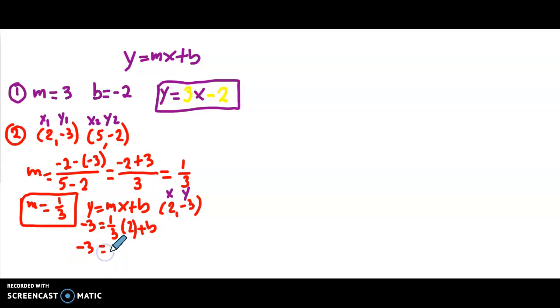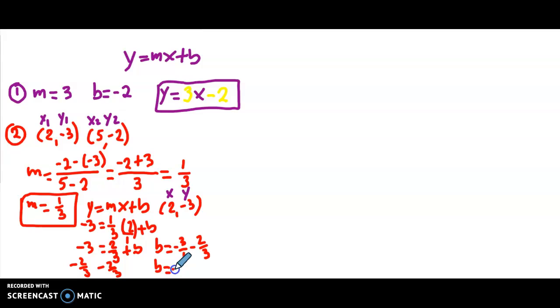-3 equals 1/3 times 2, you multiply across. That is 2/3 plus b. You subtract 2/3 from both sides. So your b is, if you put like terms together, -3 over 1 minus 2 over 3. That's going to be -11/3.